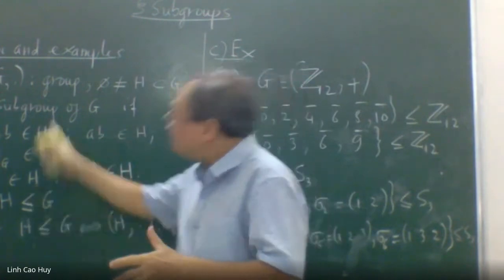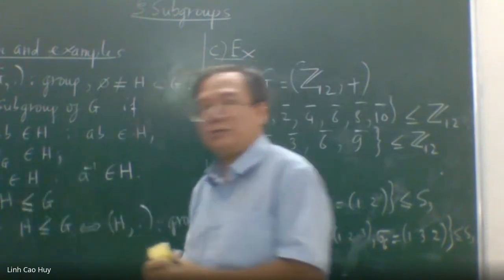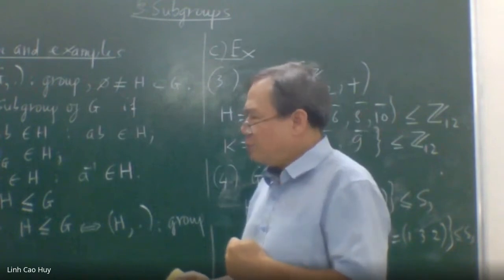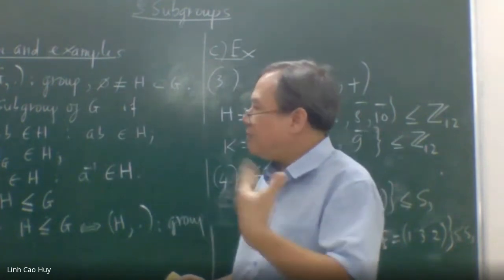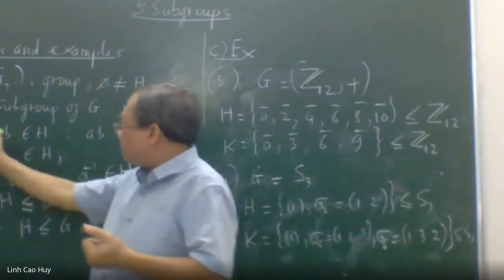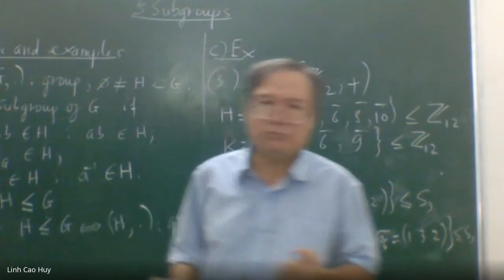We need to check the first condition, second condition, and the third condition. 3 steps. And now we ask a question. Maybe we need to skip the third condition. Có thể bỏ bớt vài điều kiện được không?